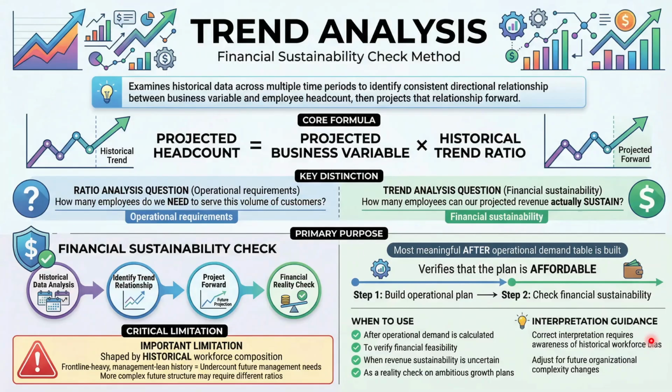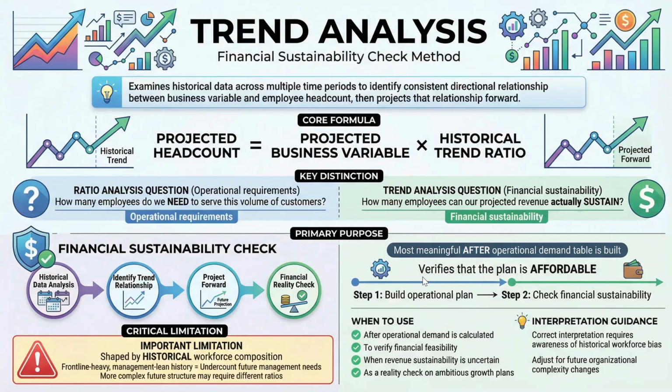Yung ratio analysis kasi, it asks how many employees do we need to serve this volume of customers. Okay? Yun yung ating sinasagot diyan. Yan yung operational requirements: ilan ang kailangan natin para ma-serve yung mga customer natin.